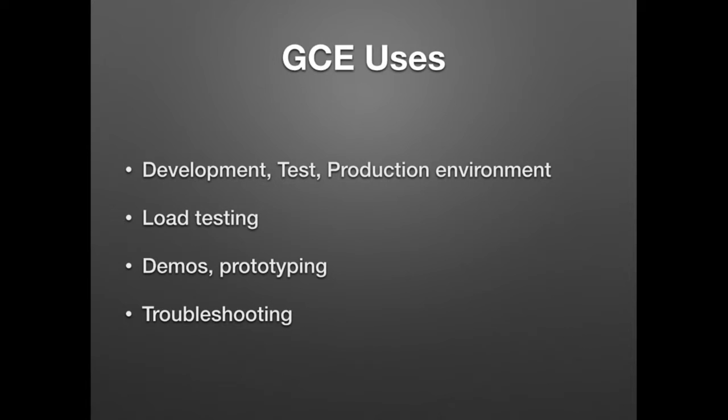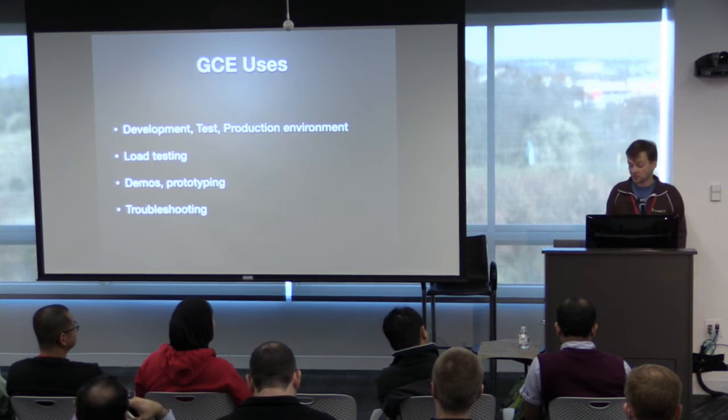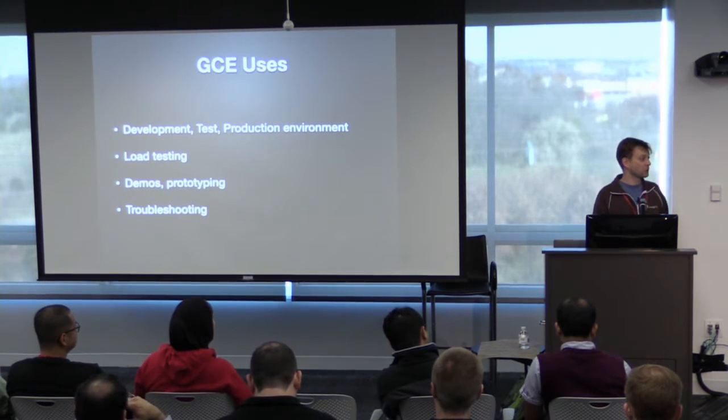So Google Compute Engine is very useful for pretty much any type of environment that you might want to stand up. Maybe you're going to use this for your production, or maybe you're going to use something else for production and use Google Compute for your development and test instances. It's a very good environment if you want to do a quick load test, right? Spin up a couple hundred instances, run your load test, and find out where the bottlenecks are. It's great for demos.